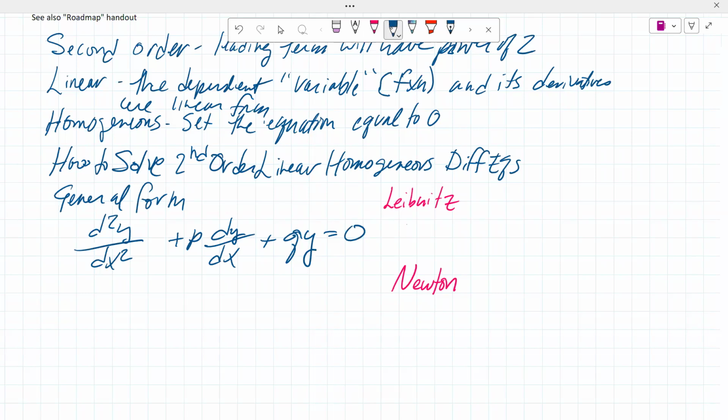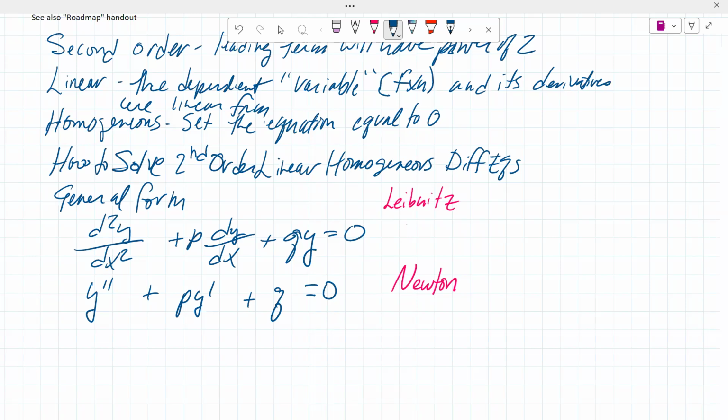So they more or less invented the calculus, and this is why we have these two forms of notation. Plus Q equals 0. Hopefully you have some familiarity with both of these. Now these are primes. This was Newton's notation. Each prime means a derivative, right? So this is a single prime for our first derivative, and this is a double prime for the second derivative.